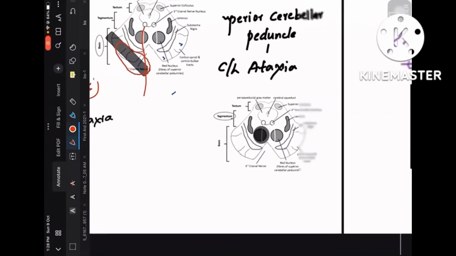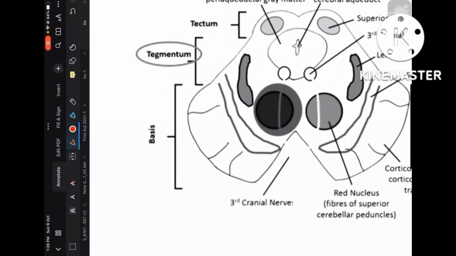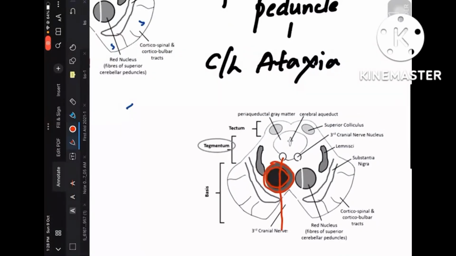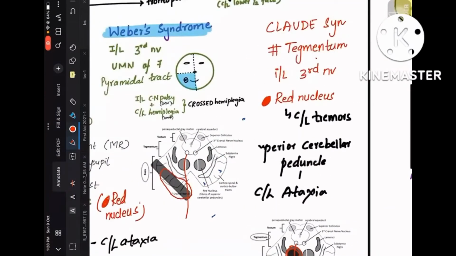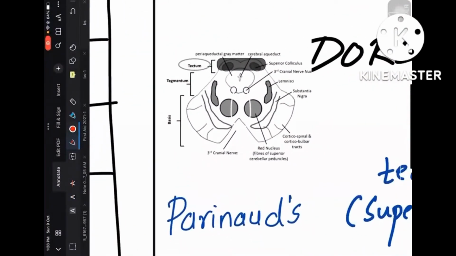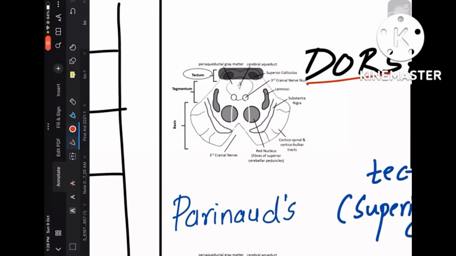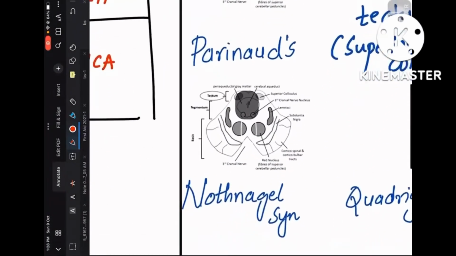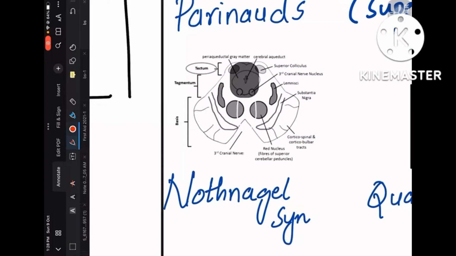Now coming to Claude syndrome. It is a simple one which involves only the red nucleus. Since the third nerve is going like this, it also involves the third nerve. As already discussed, the third nerve is involved, the red nucleus is involved. Now coming to the dorsal ones, which are simple: Parinaud syndrome, which is at the level of the superior colliculus, whereas Nothnagel syndrome is at the quadrigeminal plate.